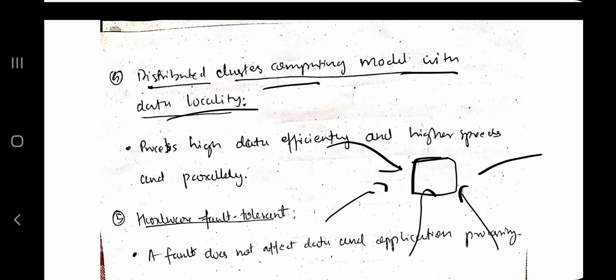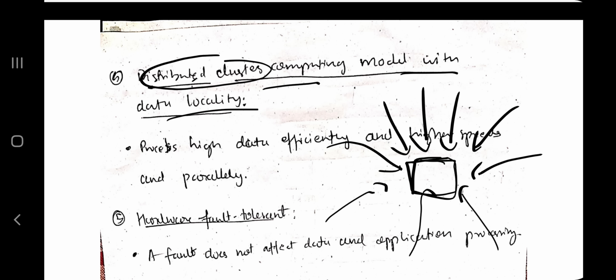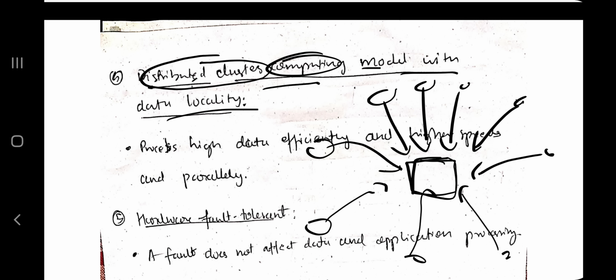Now what you can remember is distributed clusters of computing. There are many different toys present at different locations. The data is distributed, and data locality means the distributed clusters are connected with the same data in the middle. All of them will be meeting each other and they will be trained by VTU.